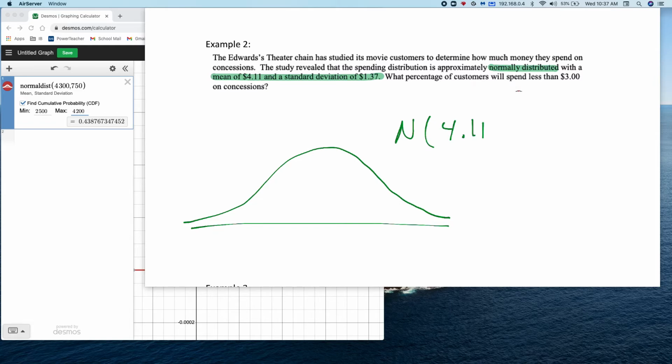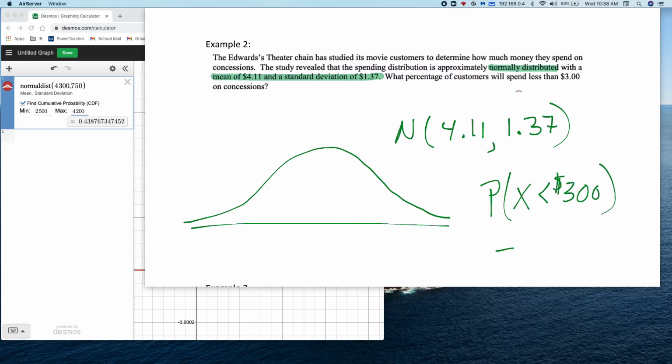$4.11 is how much we spend, and it varies by $1.37. So maybe somebody wants to know, how much do I need to stock, depending on the day? What percentage of the customers will spend less than $3? So we want to know what's the percentage that the customers will spend less than $3.